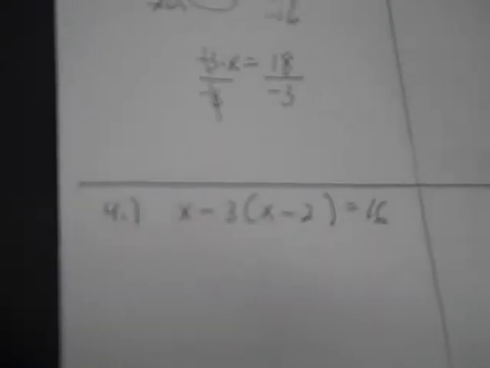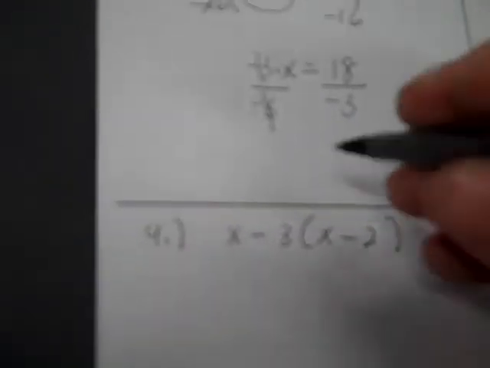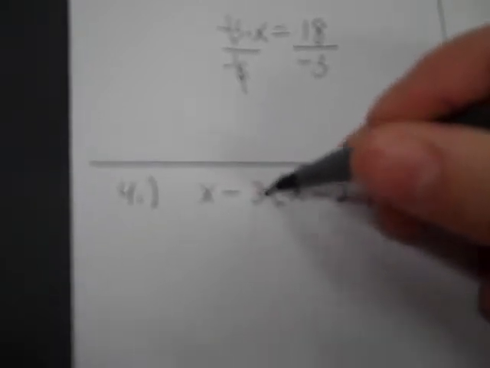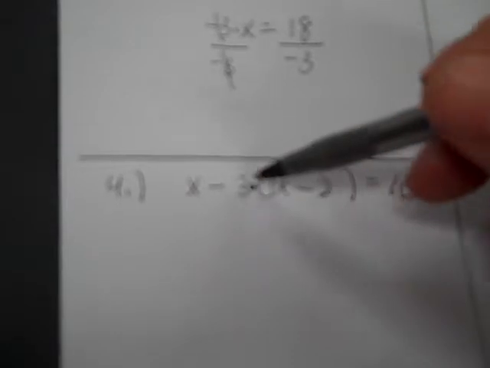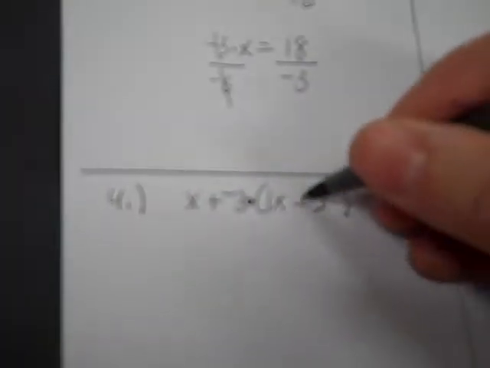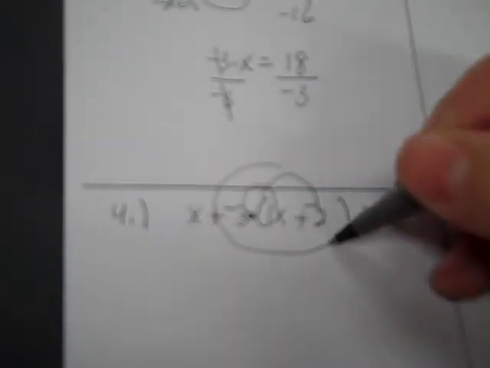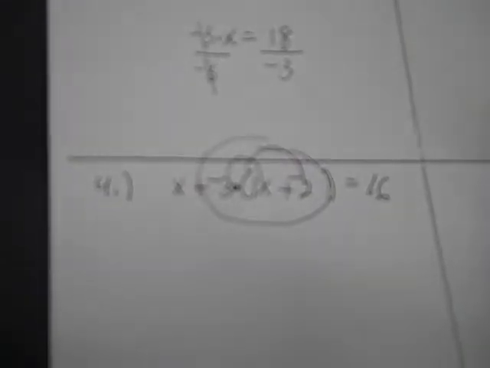Okay, next one, number 4. You got to get rid of the parentheses first. So look in your parentheses and the number outside. Now, we're going to put a 1 there. These 3 numbers, if they have minuses, they're plus negatives. And I'm going to simply distribute that. So I could take -3, and we're going to multiply it by the 1x and then by the -2.